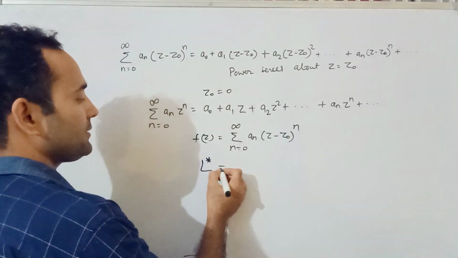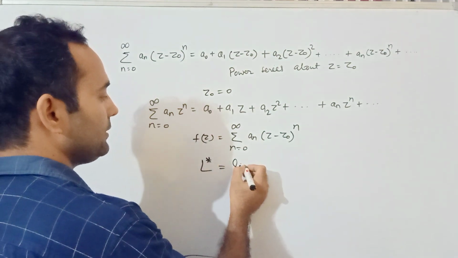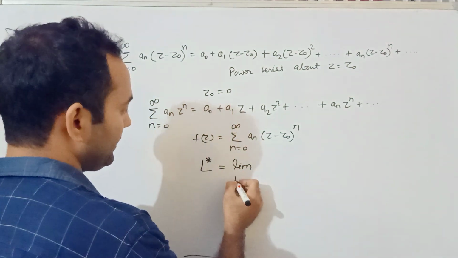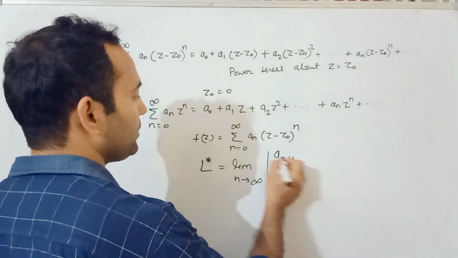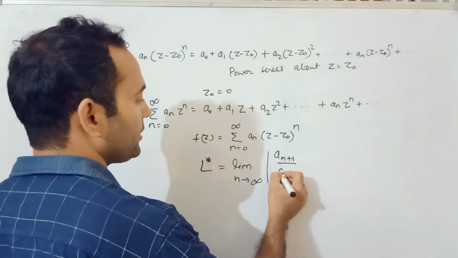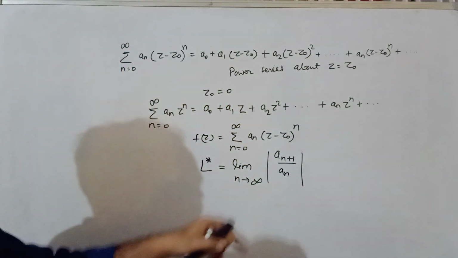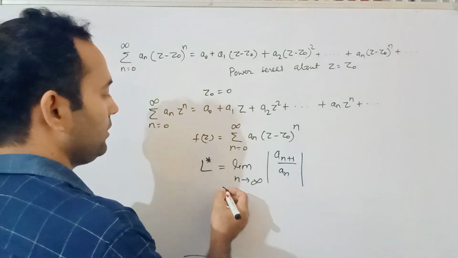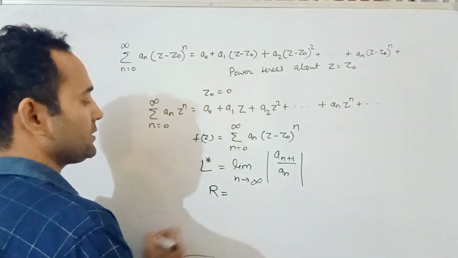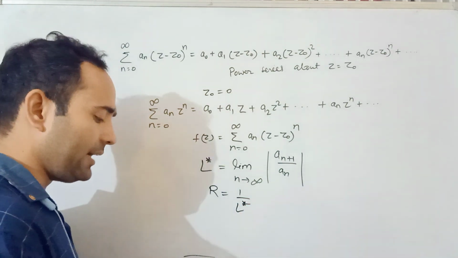This is L star, and what is that? Limit n tending to infinity of mod of an plus 1 upon an. Whatever value you find, the radius of convergence would be 1 upon L star. As simple as that.